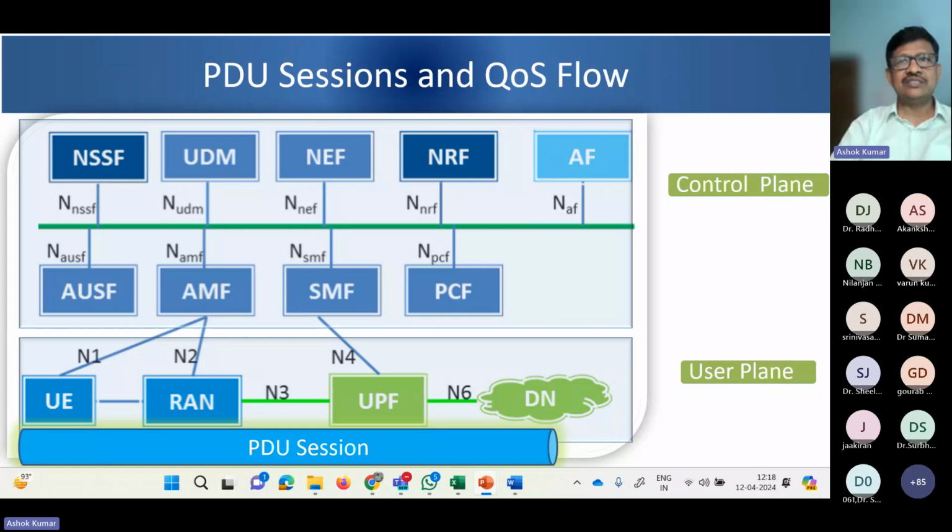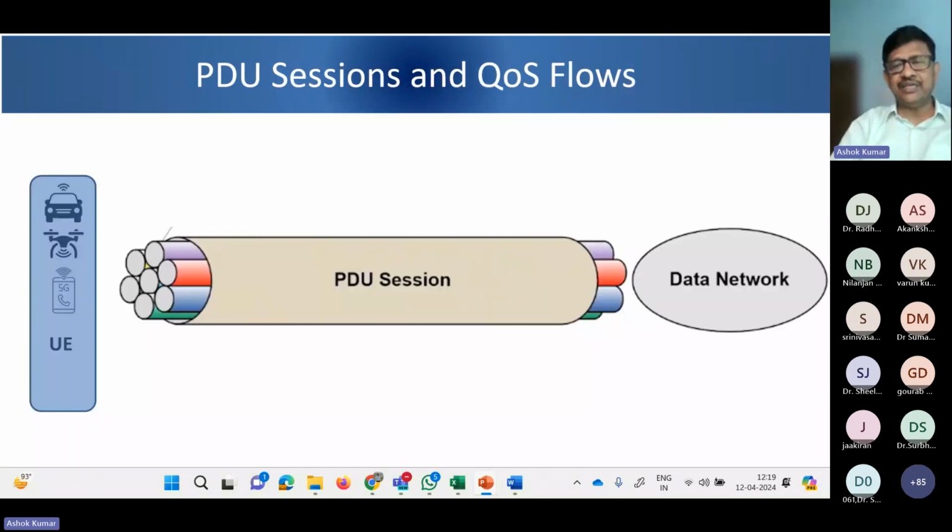The PDU session handles the user traffic, in the sense that if you are accessing the internet or YouTube, your data flows through the PDU session. The PDU session is nothing but a connection from UE to RAN to UPF until the data network. So it's a kind of end-to-end pipe through which data flows, and we manage quality of service inside the PDU session.